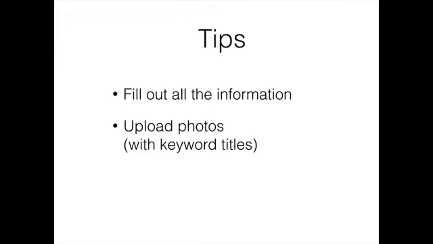So a couple of tips to think about as you're going through this. You want to make sure you fill out all of the information. You can get by with just a little bit of information, but the more information that you fill out, the better. And you want to upload photos with keyword titles.